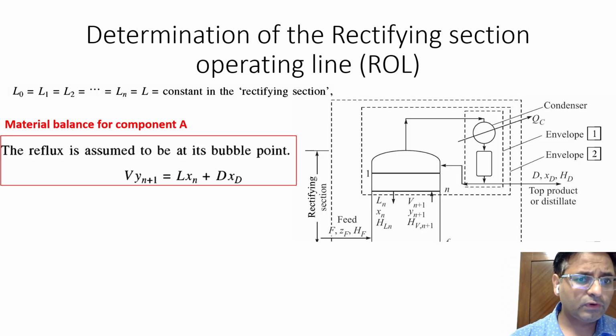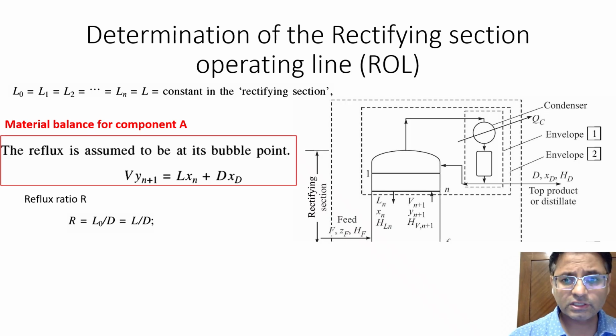If you do the component balance for this part, in envelope 2, you will get vapor going up and the liquid going down inside the column, and D is out. In that case, L and D will be on the right hand side, and V will be going upper side.